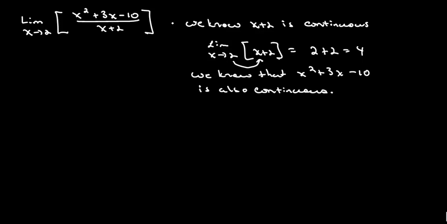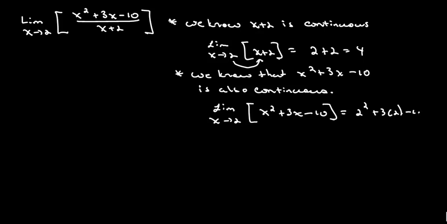Now once we've verified, so this is part of your solution, that these two guys are continuous, well, then we know that the limit as x approaches 2 of the following, x squared plus 3x minus 10, is going to be equal to 2 squared plus 3 times 2 minus 10.